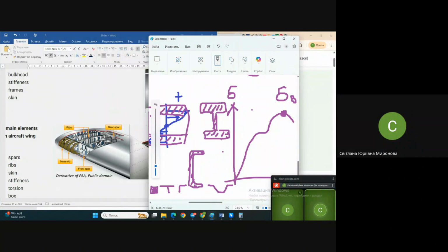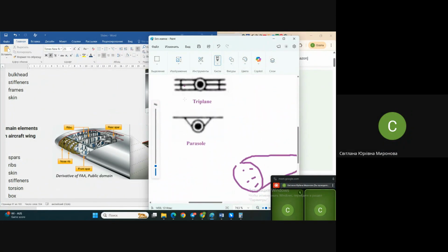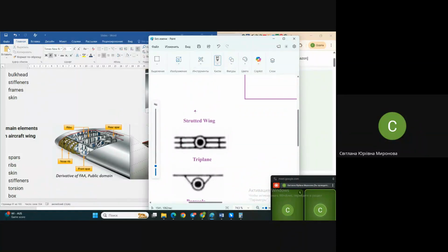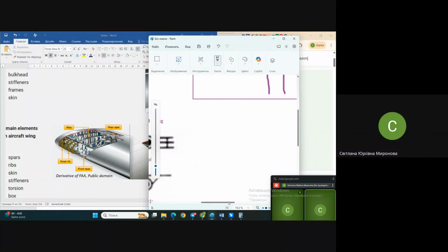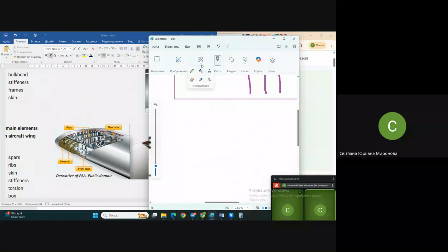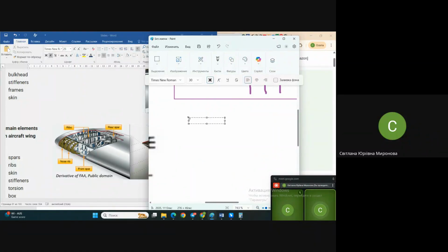This word struts you already heard. In the case when we talked about the whole wing, they may be called struts. They may be called stiffeners, and the shortest of them are usually called knees.